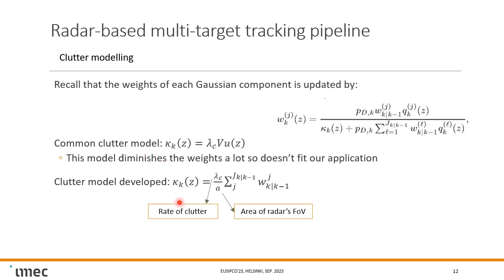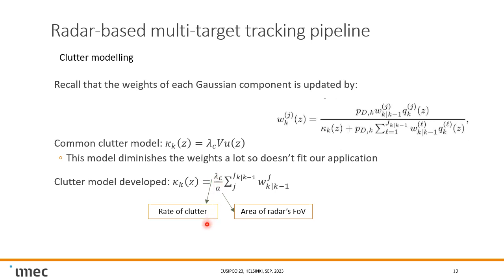Instead, we suggest to use the clutter model which depends on the weights, because as I said, the clutter which we have is mainly due to multipath, and multipath depends on the states. And with this W, we keep the dependency of the clutter on the states.